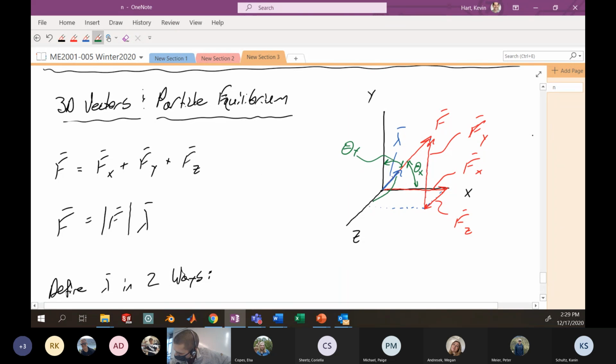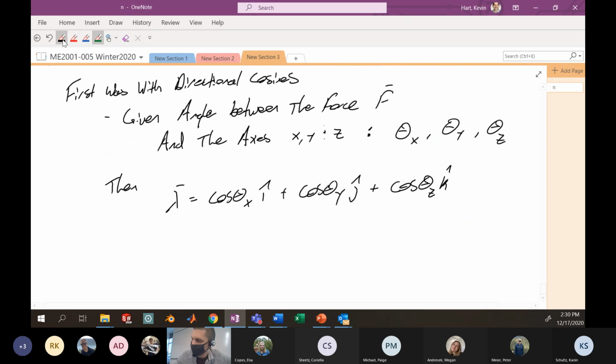And the angle between the force and the z-axis would be theta z. So a couple of the review problems that you have, I think numbers 7 and 8, work with this general principle, trying to figure out what those angles of theta are, and then using those to build a unit vector and work through your problem. All right, so probably the easiest and most straightforward method here.